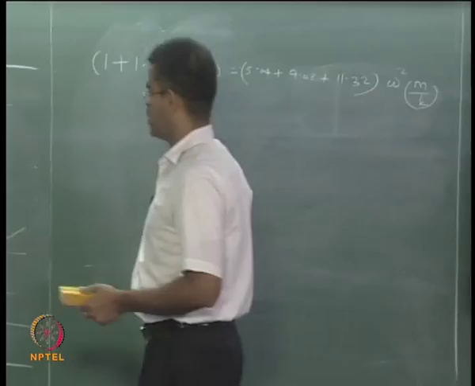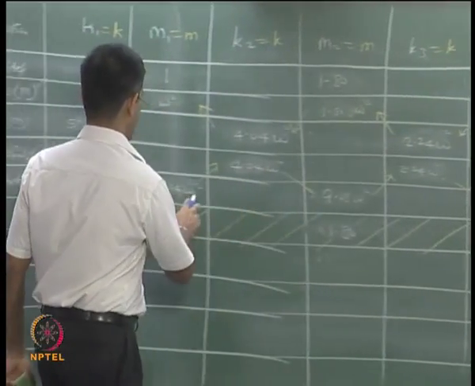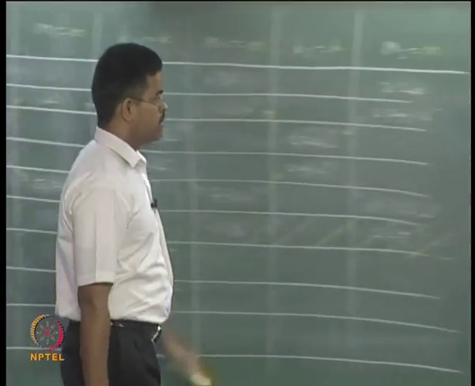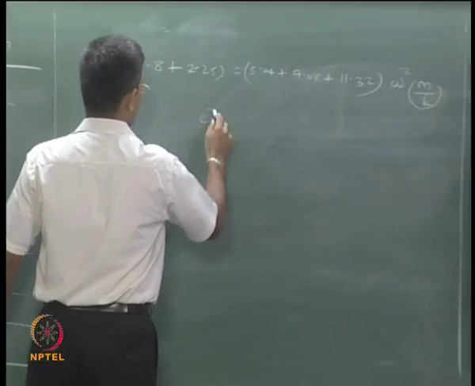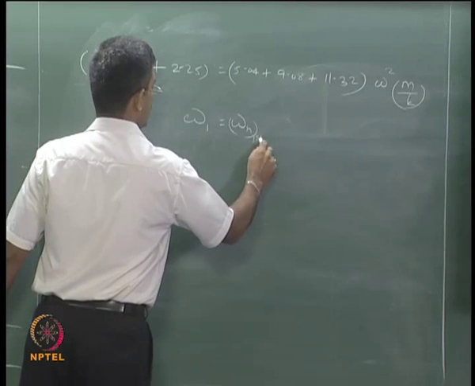Okay, that multiplier is there. Omega square is anyway here, I have missed it here, I have written it here. And m by k is available here anyway. So from this I can easily find my omega 1 or omega natural of the first degree.